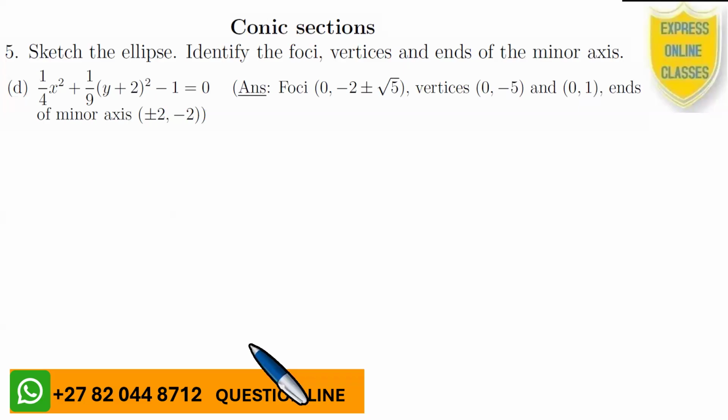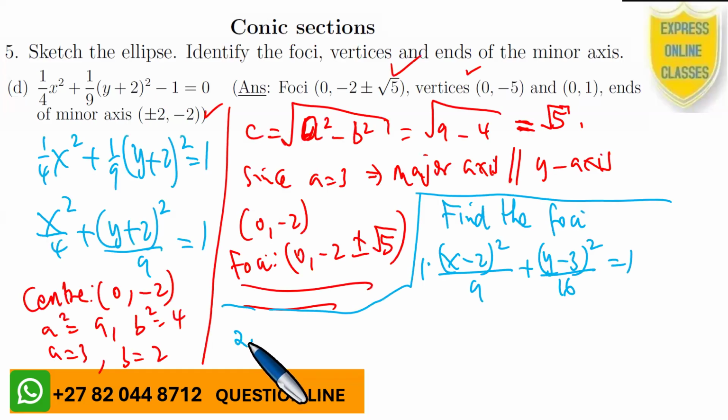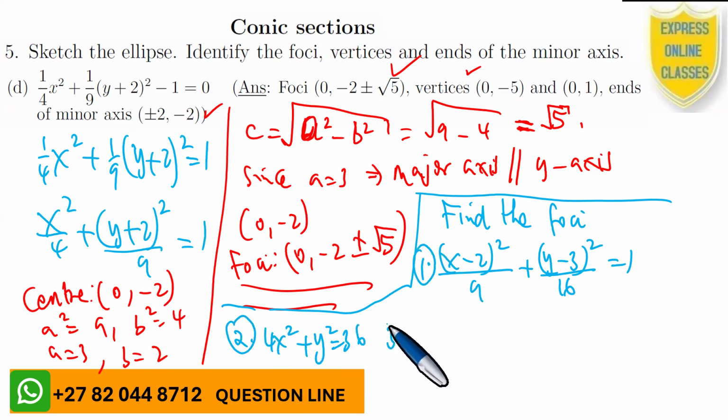Number 2, also you can try 4x squared plus y squared is 36. Number 3.